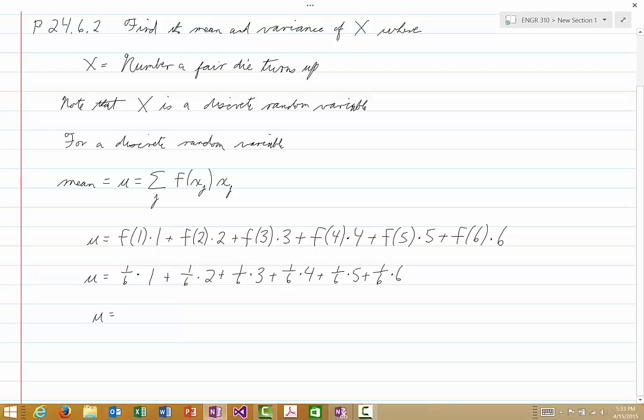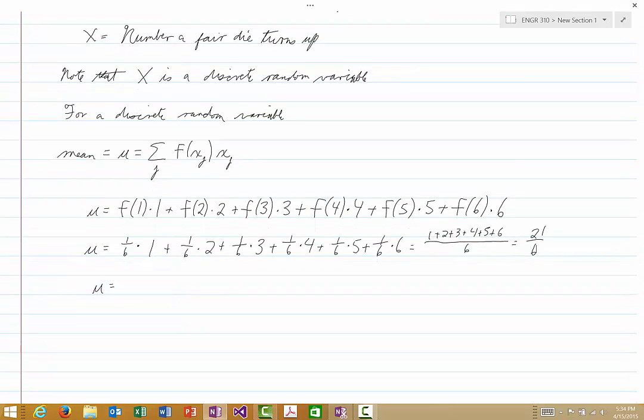And therefore, I guess we'll have 1 plus 2 plus 3 plus 4 plus 5 plus 6 over 6. And this will be 6 and 4 is 10 and 11. So we have 21 over 6. So mu will be 3.5 for this random variable. That is the mean value of that random variable.